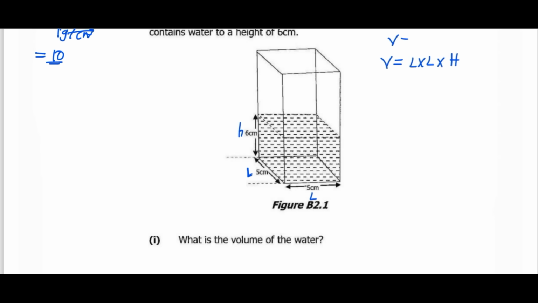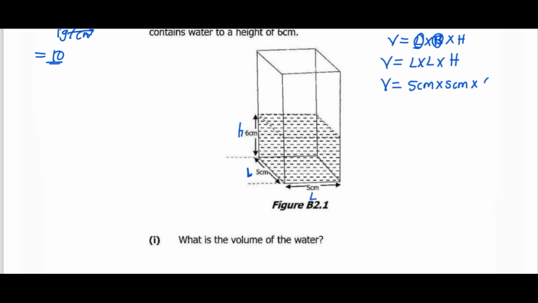So I'm sure some of you may remember this formula, L times B times height. You use this formula if you have the two base distances that are different, so one is length, the other one is breadth. Now for this one, we can see that we have the same base distances. So one will be 5 centimeters multiplied by another 5 centimeters.